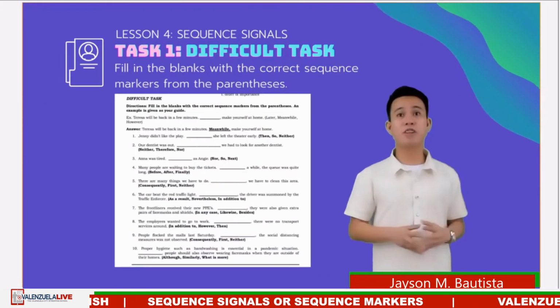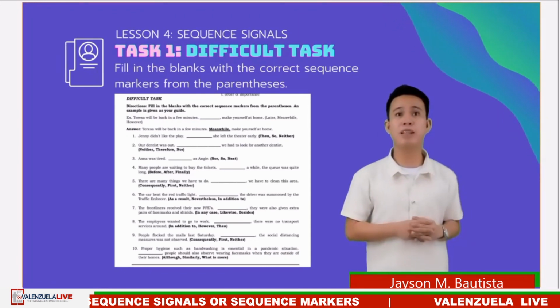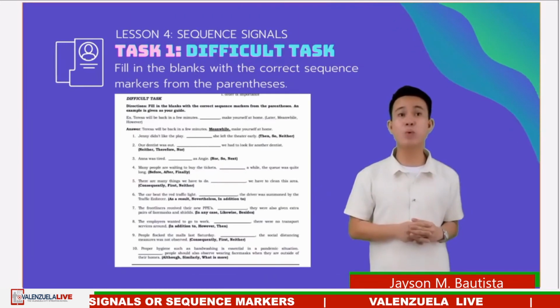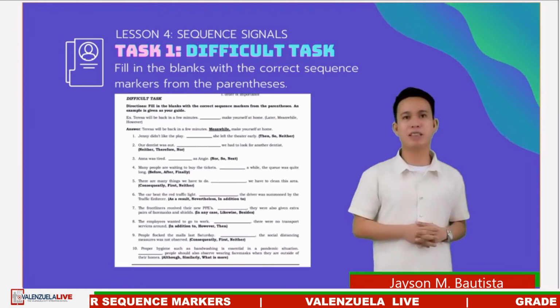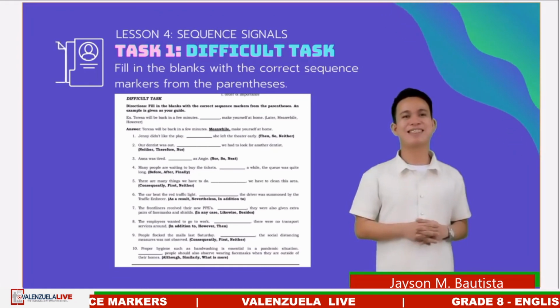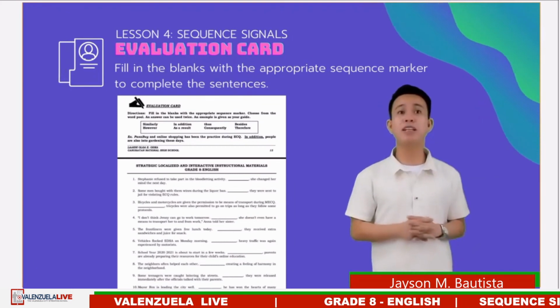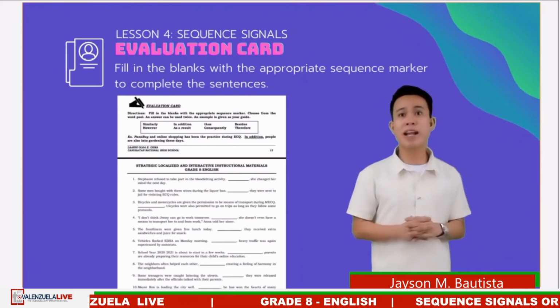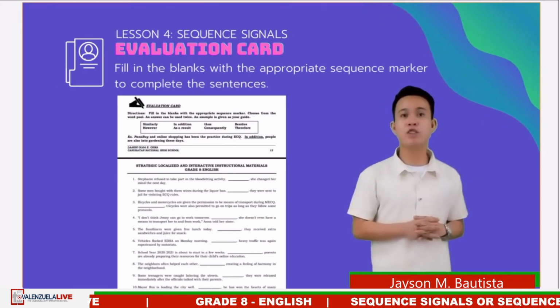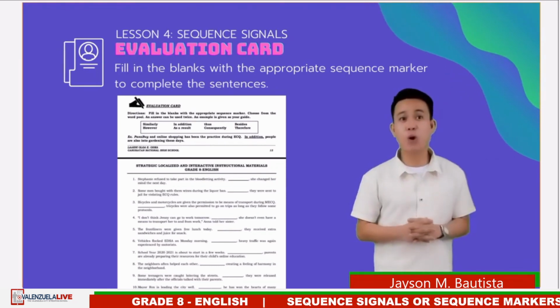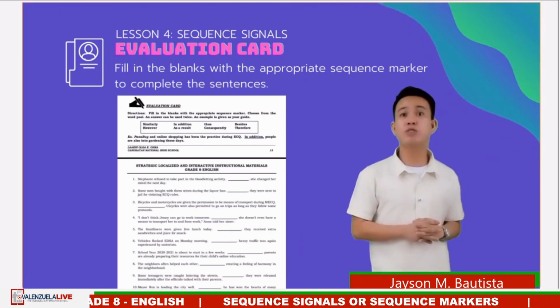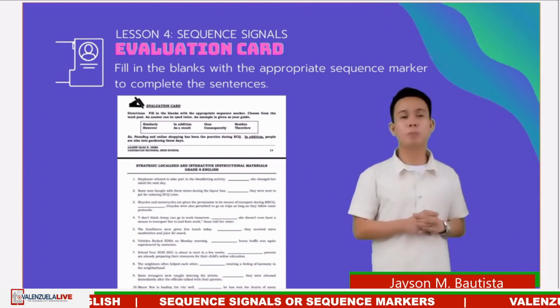And for the difficult task, you need to fill in the blanks with the correct sequence markers from the parentheses. Lastly, in the evaluation card, you need to fill in the blanks with the appropriate sequence marker to complete the sentences. Don't worry because you need to choose your answer from the word pool.